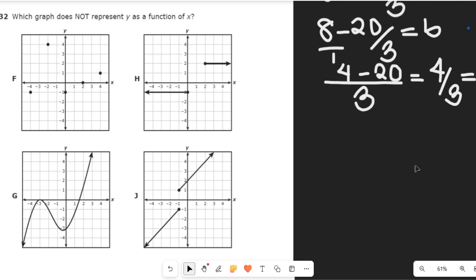What does that mean? That means a single x value must not give more than one y value. Now, every x value on the Cartesian plane of the graph must give just one y value. So if a vertical line touches the graph in 2 or more points, then it does not represent y as a function of x. If that is taken, now let's use that to analyze the graph.